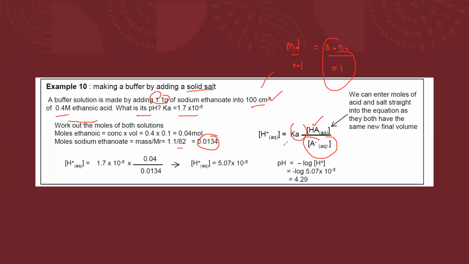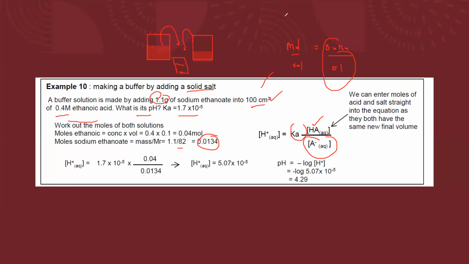We can find pH. In the first example, we were having two solutions, a different amount of salt solution and acid, and we mixed them together. That was the first question.